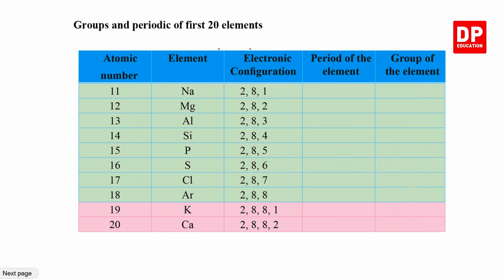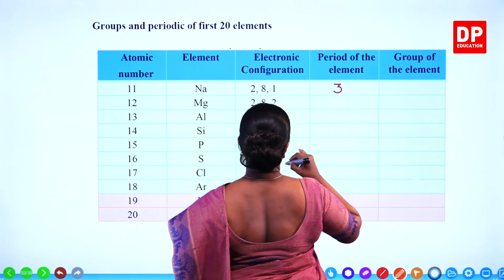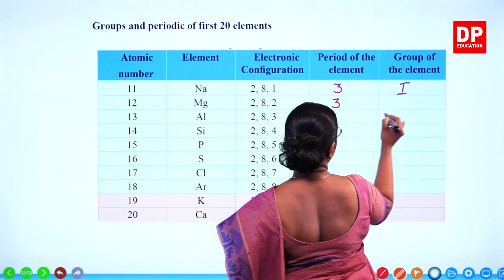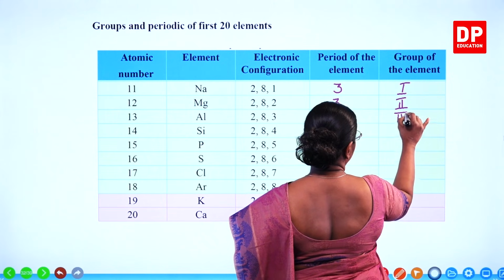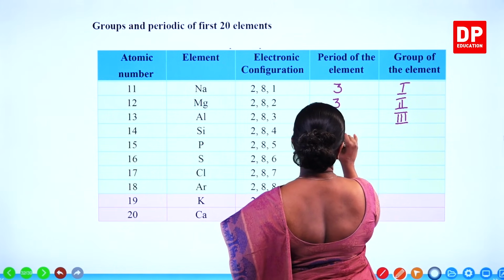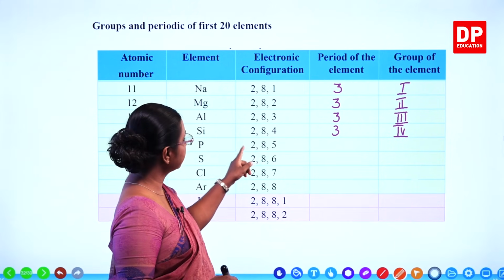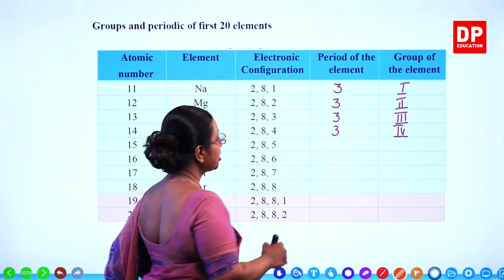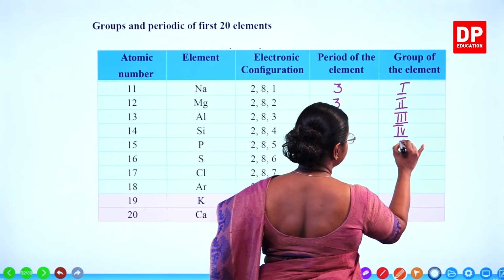The next set of elements, sodium, atomic number 11, 2, 8, 1. So this goes to period 3 and group 1. Magnesium, period 3, group 2. Aluminium, period 3, group 3. Silicon, period 3, group 4. Then we have phosphorus. You can see the electronic configuration 2, 8, 5. So 3 shells with electrons, period 3, and the valence electrons are 5.